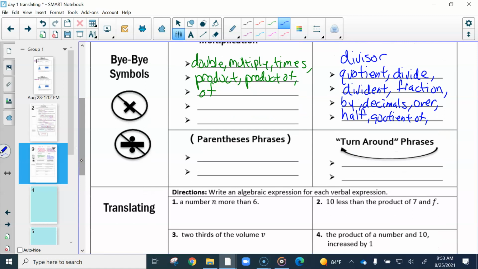A lot of those words you'll see when we go into translating. These last two boxes may or may not be parentheses phrases: usually sum of, product of, quotient of, difference of. Anytime it says those words, whatever comes after is what we're adding, subtracting, multiplying, or dividing.